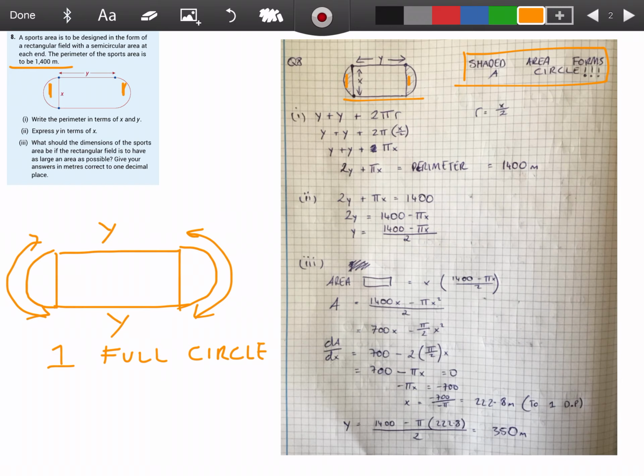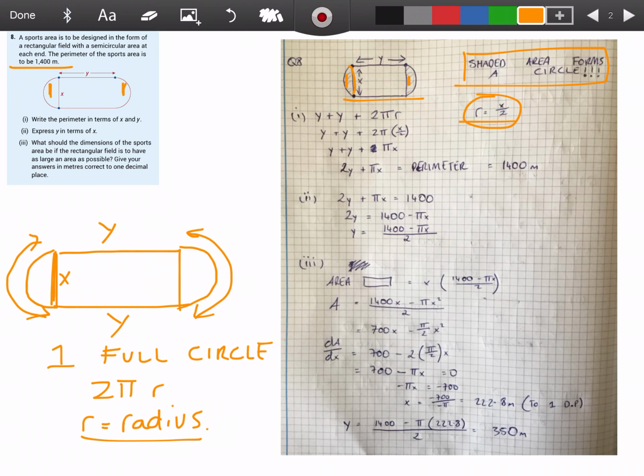And how do I get the length of a circle, or the perimeter of a circle? I use my circumference formula, which is 2 pi r, and I know that r represents my radius, so remember that. Okay, hopefully you do. Now you can see that I put that there. R is equal to x over 2. It's half of x, because x is the diameter of the circle. X is there, it's the diameter of the circle, so half of that would be my radius.